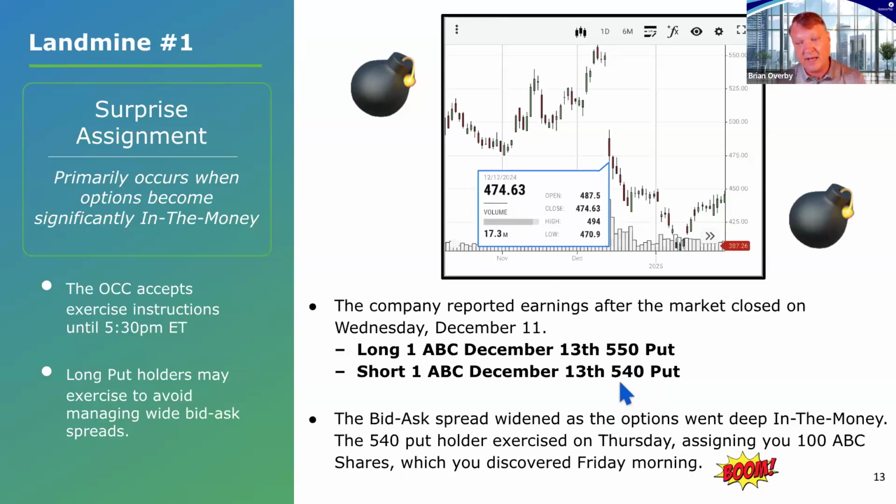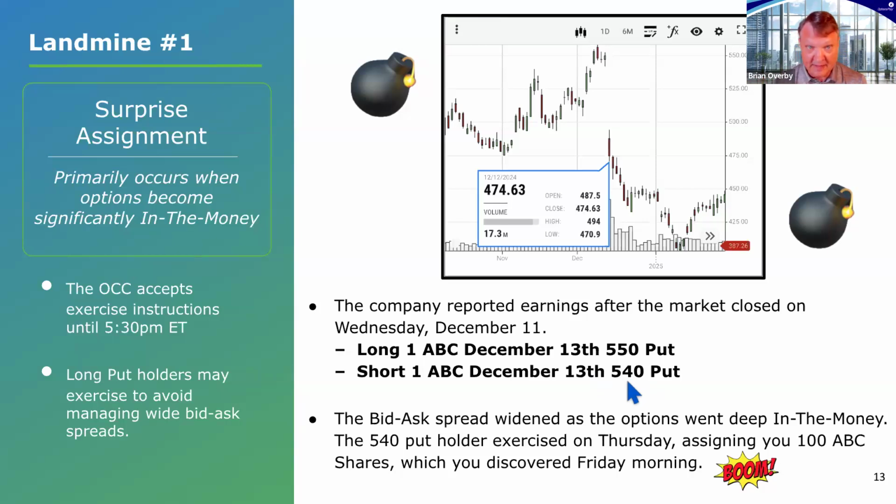So the person that owned this 540 strike put, or entity or whatever, decided that they didn't want to deal with the bid-ask spread. So instead of selling to close that position, because there's no time premium in that, they exercised. And this person got assigned on one leg of their spread.